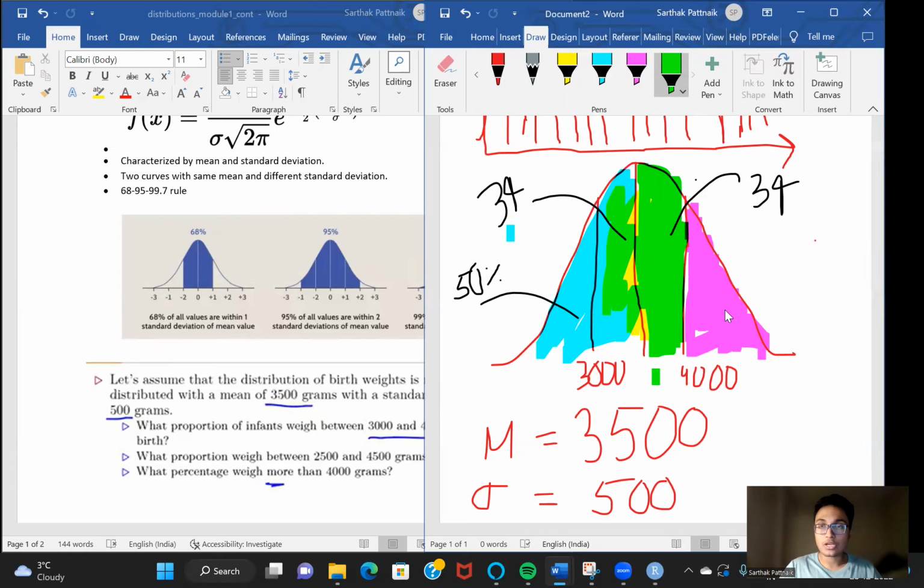So the answer to the third question is nothing but 100 minus the area towards the left, which is 84, and this gives you 16%.